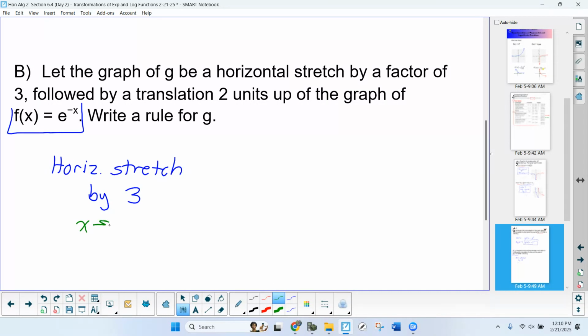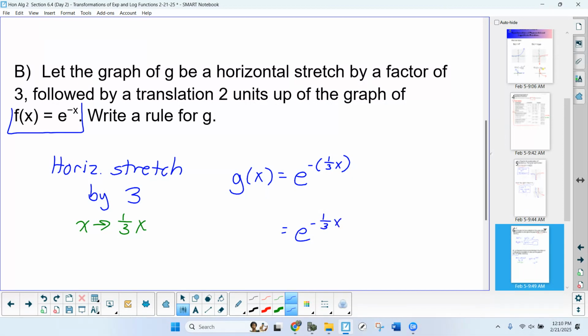X is going to become what? 1/3 X. So I have G of X equals E, and then I have negative, and then in place of X, I put what? All right. Can I simplify that to just -1/3 X? Yeah. So this is just E to the -1/3 X.